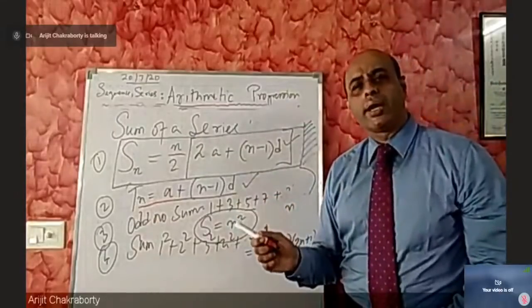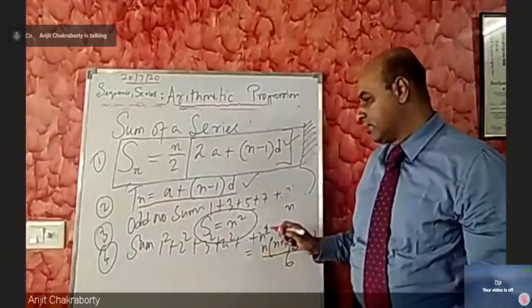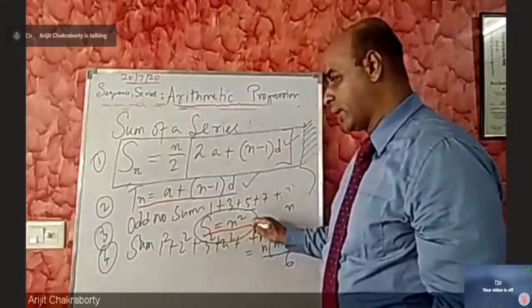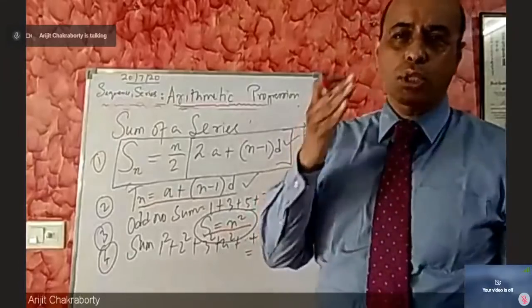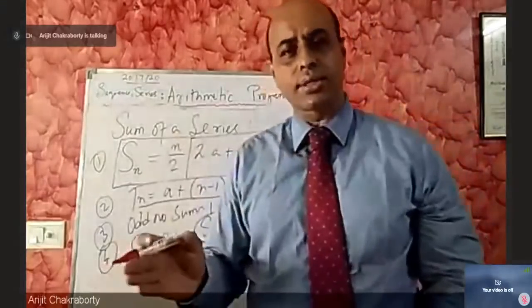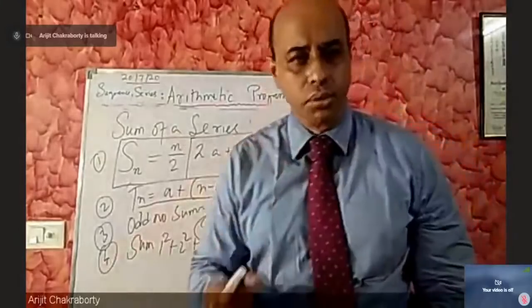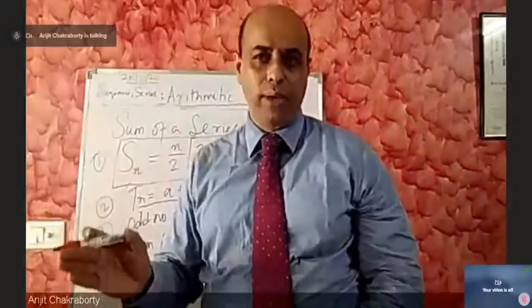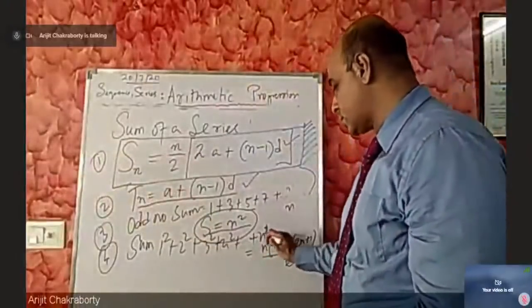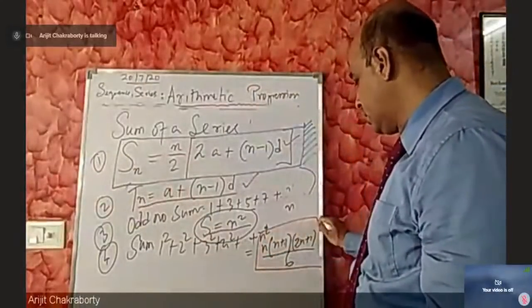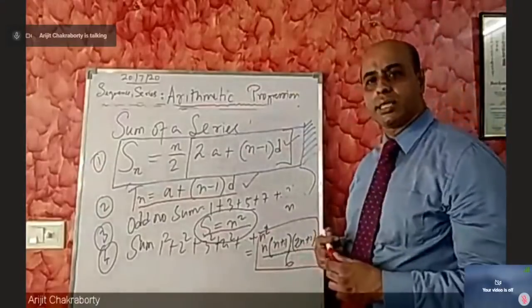If you need to find the sum of such a series, the formula is S is equal to n square. If you have to find the sum of the squares of the first n natural numbers, 1 square plus 2 square plus 3 square plus 4 square plus 5 square till n square, the formula is n into n plus 1 into 2n plus 1 by 6.